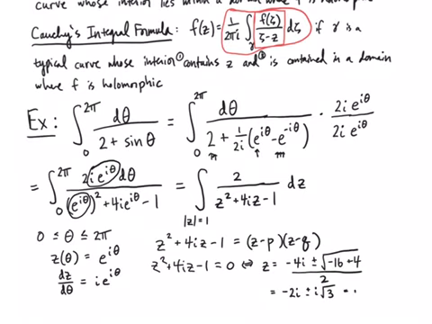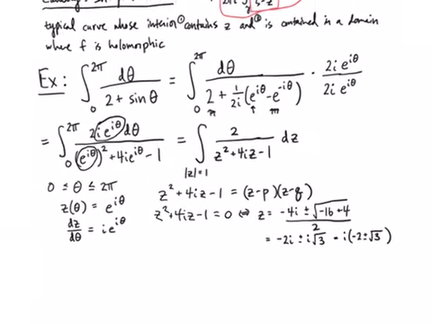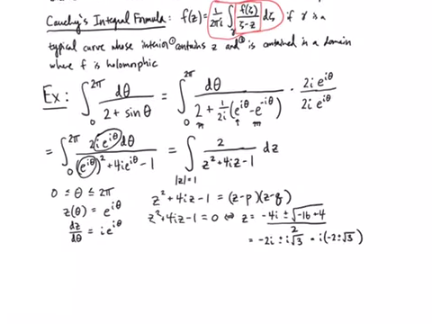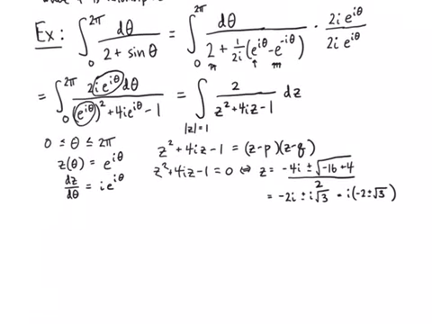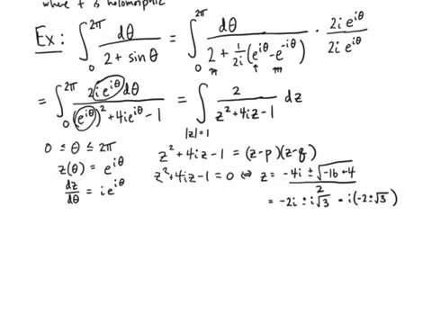So this is i times negative 2 plus or minus the square root of 3. Okay, so those are our two roots. Let me make some more room for myself here. I'll refer back to Cauchy's integral formula in a second.